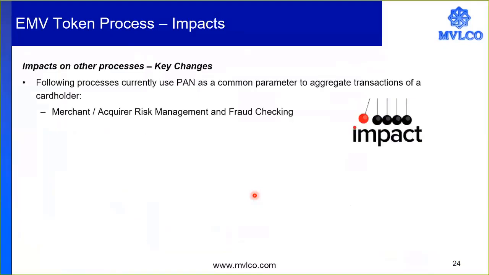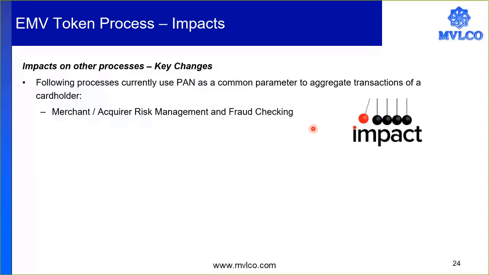As I said in our earlier discussions, the following processes currently use PAN, that is your primary account number, as a common parameter to aggregate transactions of a card holder. What kinds of processes? I have listed some examples. So, merchant or acquirer risk management and fraud checking.